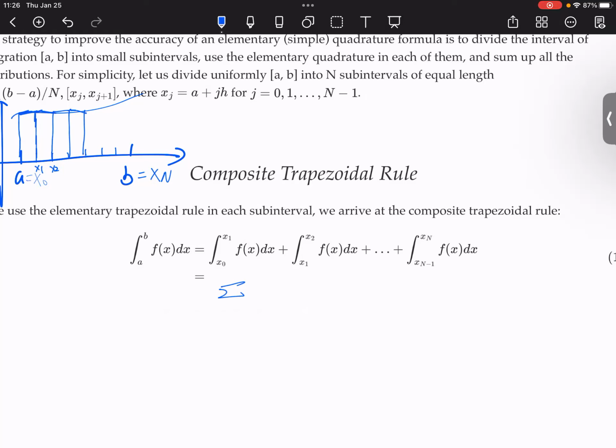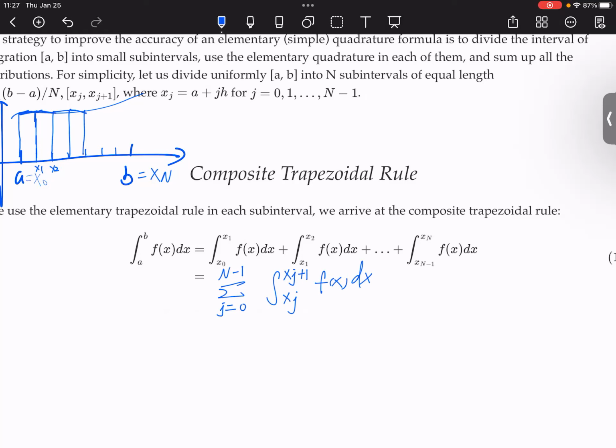I'm going to use the sigma sum to denote these things for simplification, so we have the sum from j equals 0 to n minus 1 of the integral from xj to xj plus 1, which means that we are doing the integrals on each subinterval, and then we add all these integrals together over the n subintervals.